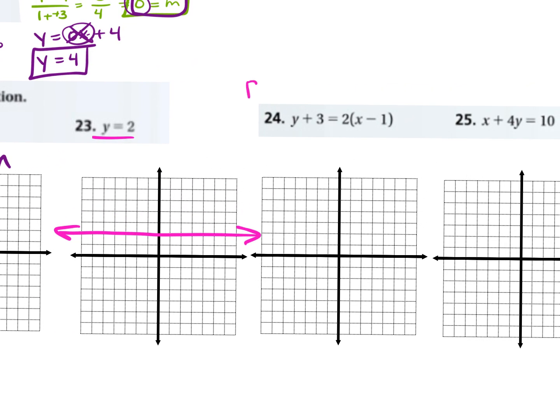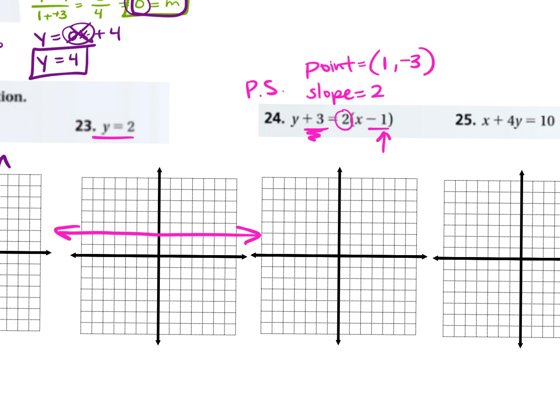24, this is in point slope form. Okay. In point slope form, you have a point and you have a slope. Your slope is the 2. Your point is an x value and a y value, but remember they're in opposite places and they are opposite amounts. So this is actually a positive 1, even though it looks like a negative 1. And this is a -3, even though it looks like a +3.